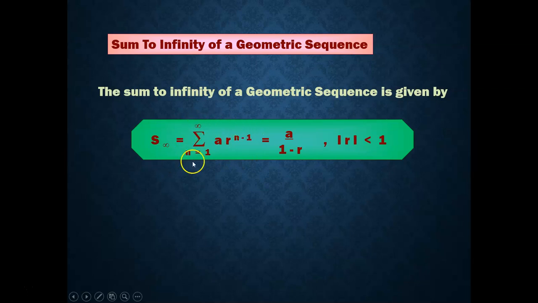Of course this is impossible to calculate, but we can estimate it with a over 1 minus r, given that the modulus of r, that means positive or negative we make it into positive, is less than 1.